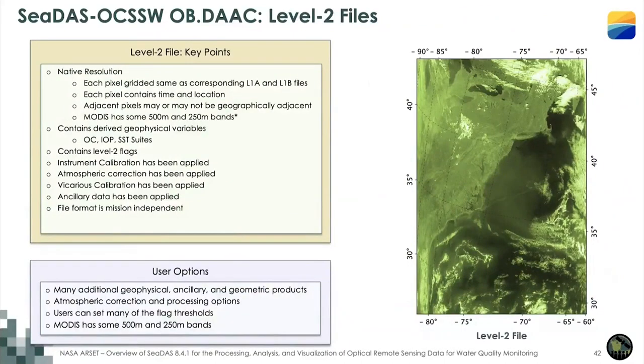To understand the different levels of file, the key thing to know about level 2 files is that they're in the native resolution. So it's how the satellite saw the Earth, how the pixels lined up and saw the Earth. So it's not mapped. The level 2 files at this point have been calibrated, and the geophysical variables have been added into them, like chlorophyll, cyanobacteria, and sea surface temperature.